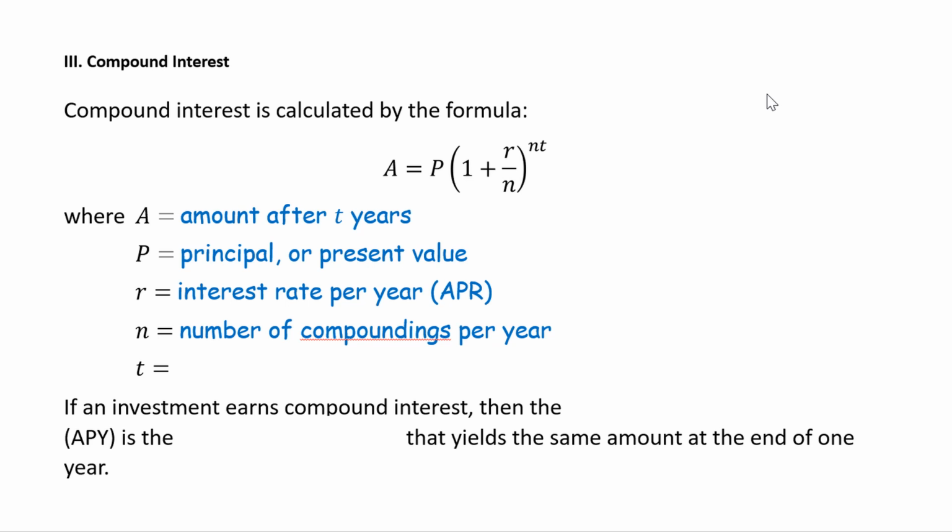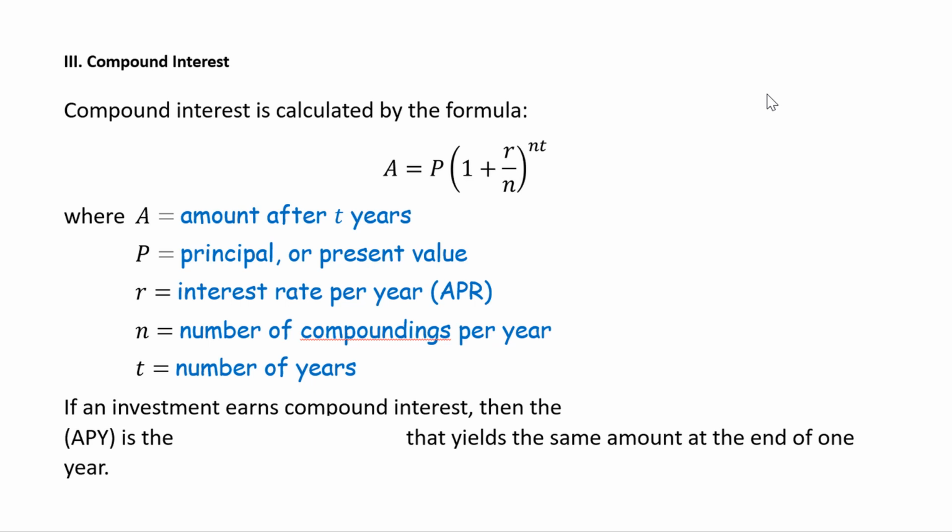So for example, if it is compounded quarterly, N equals 4. If it is compounded monthly, then N equals 12. T equals the number of years. So if an investment is timed at 18 months, it's very important that you convert that to 1.5 years.